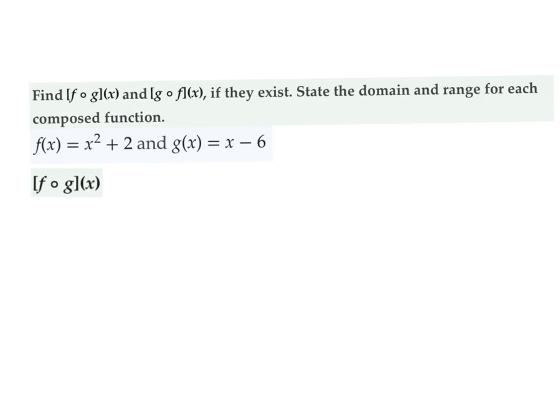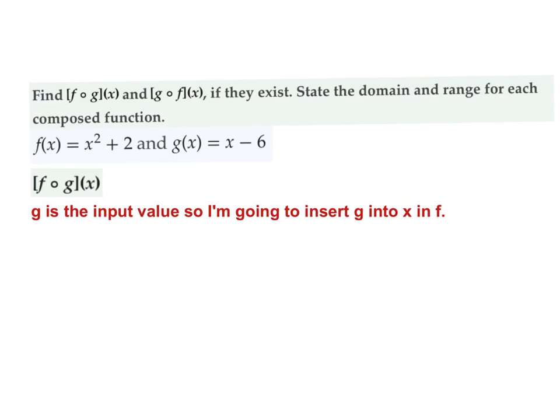Okay, so to find f of g of x, what this means is that the input value into f is the function g. So g is the input value. And I'm going to insert all of the function g of x in for x in f.